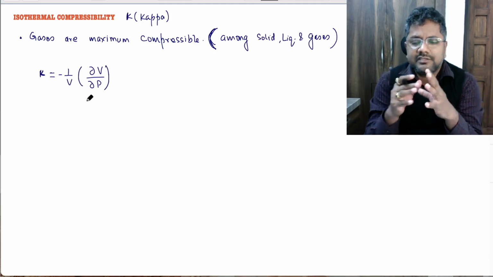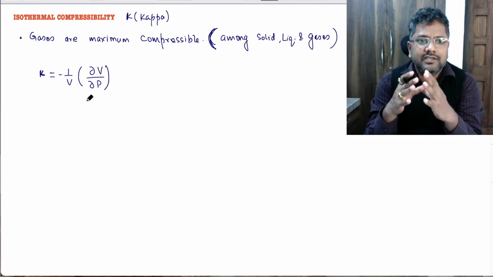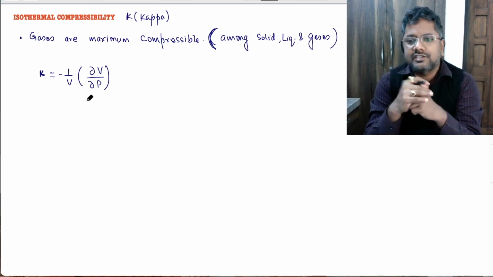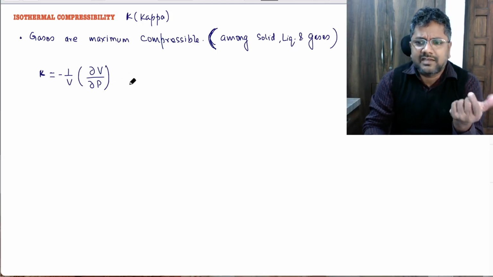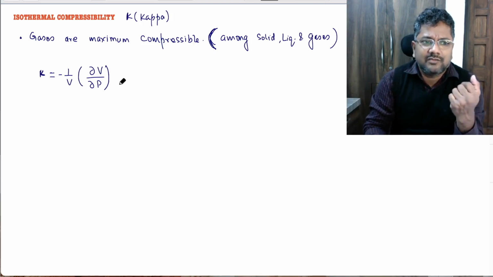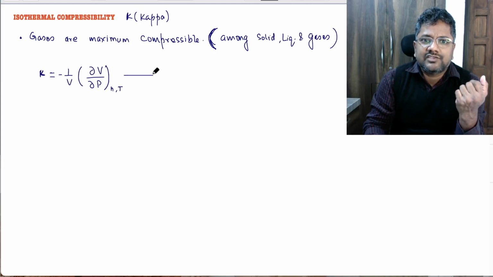This is a mathematical term, at constant N and T. So this is the expression for isothermal compressibility.